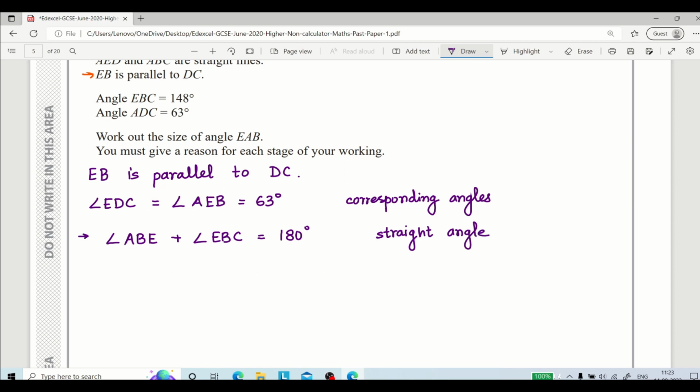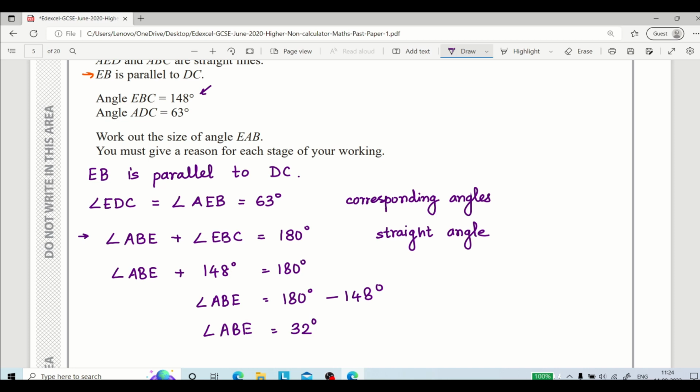So this will give you angle ABE plus the measure of angle EBC, which is already given to you, that is 148 degrees, is equal to 180 degrees. This implies your angle ABE will be simply subtract. Angle ABE equals 180 degrees minus 148 degrees, that is 32 degrees. So yes, we have got both the angles.